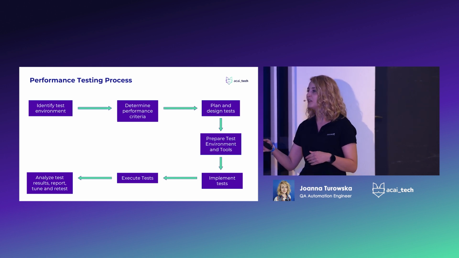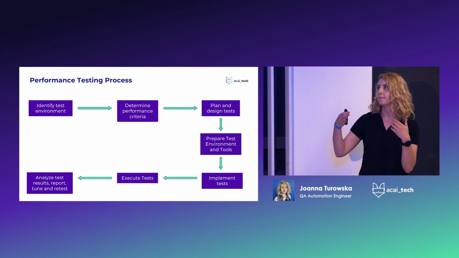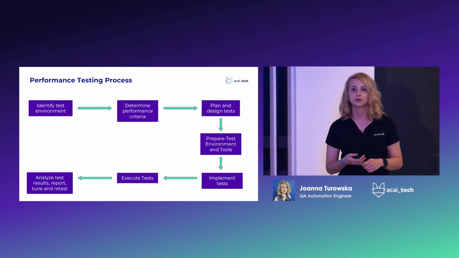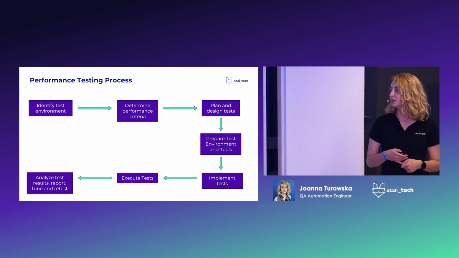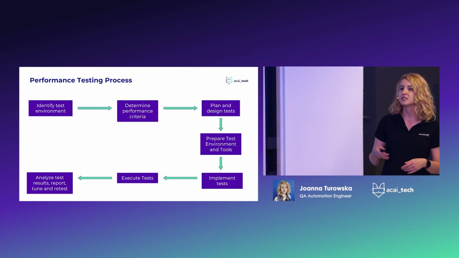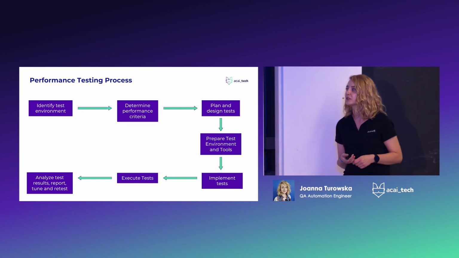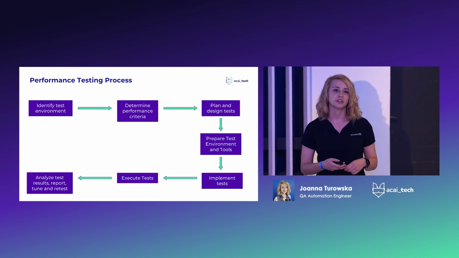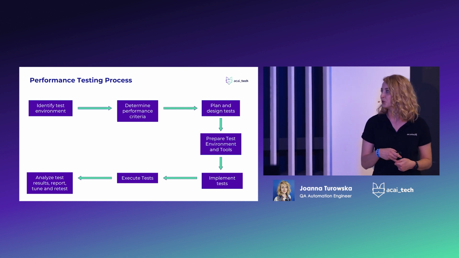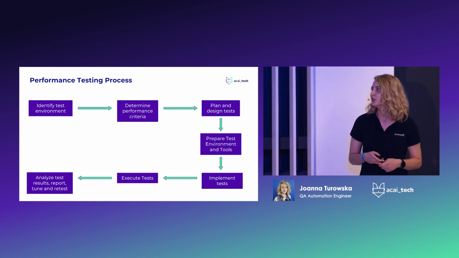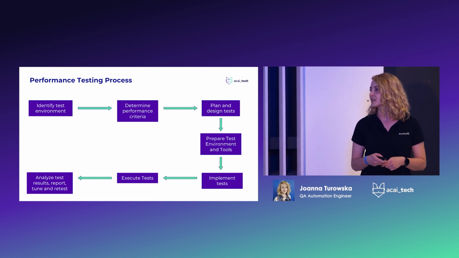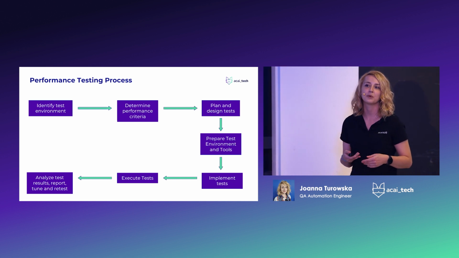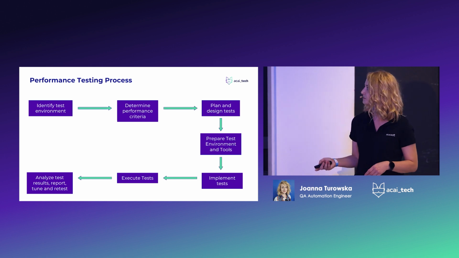So here is when we apply improvements to the code, to the infrastructure, and after that we can retest and see if there was an improvement in the results. What is also important, and actually a recommended thing to do, is to run those tests a few times for the same setup to make sure that our results are actually reliable.